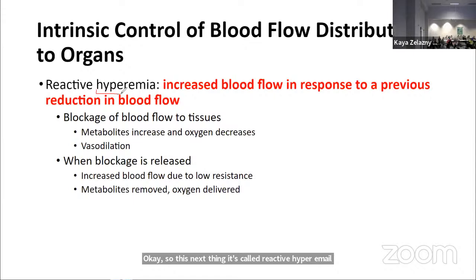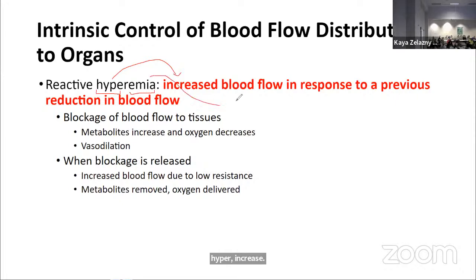We still want increased blood flow, still our goal. But now we have a reaction. So this is reactive hyperemia. This is no longer exactly about increased metabolic activity. This is a reaction to what happens if you stop blood flow, essentially.